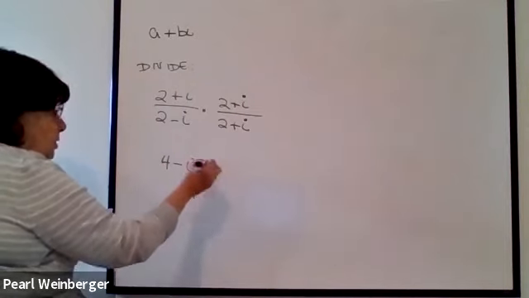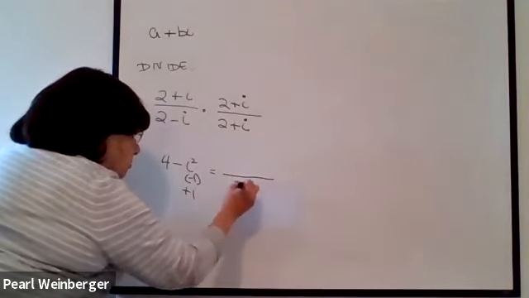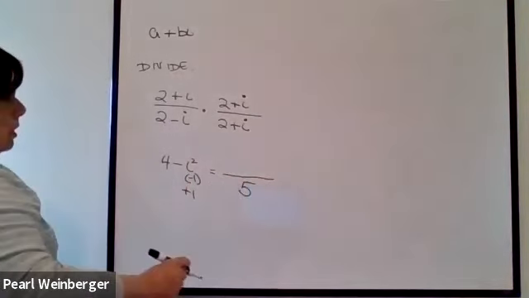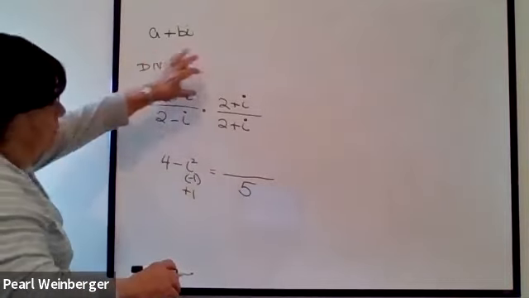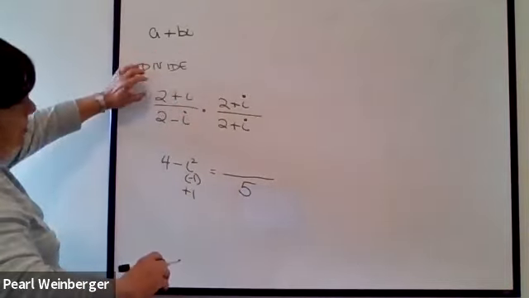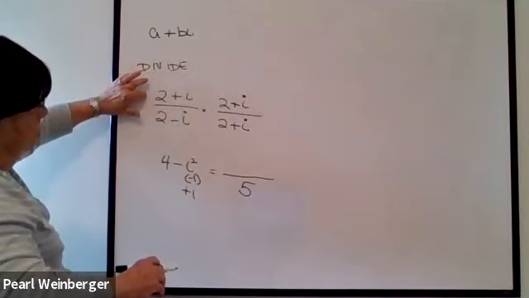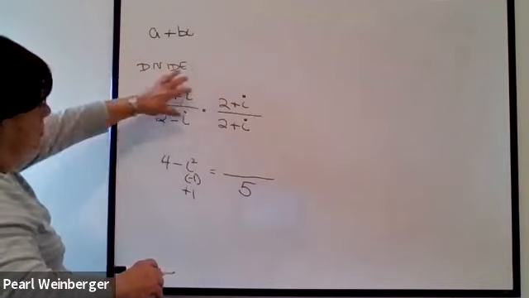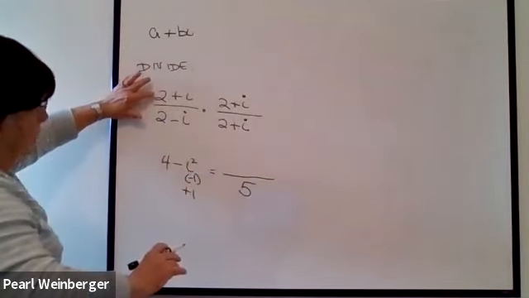And 4 plus 1 gives me that the denominator is going to turn out to be 5. No radicals, rationalized. But we have to multiply the numerators now together. And these are 2 binomials. Now, it is 2 plus i squared, so you could do it the square method, or you could just do it the FOIL method.